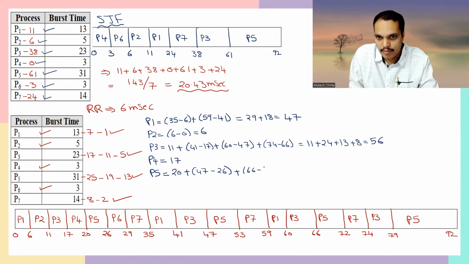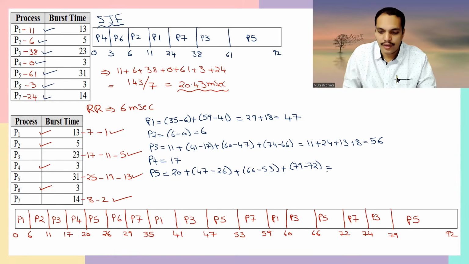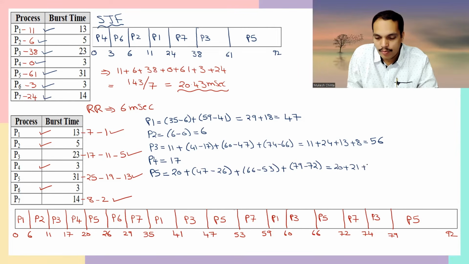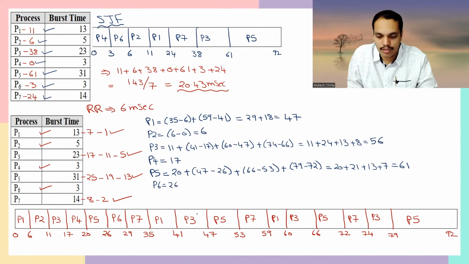So 66 minus 53 plus it went out at 72 and it re-entered at 79. 79 minus 72. So if you calculate this properly, what you get for P5 is 20 plus 21 plus 13 plus 7, which gives me 61. What about P6? P6 once again is very easy to calculate. It is 26 because it has only one execution on the CPU.